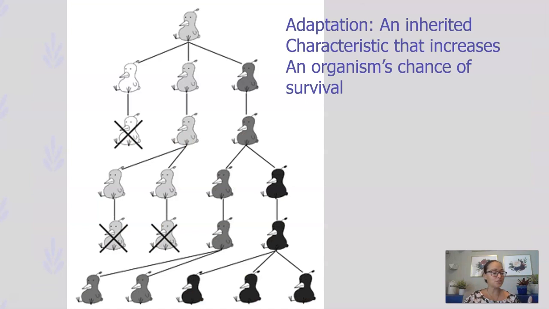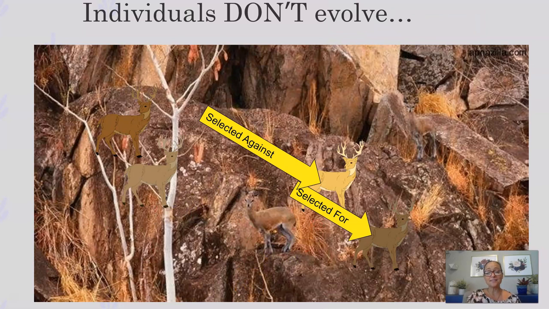Okay, so also to review, an adaptation is an inherited characteristic that increases an organism's chance of survival. Again, it's inherited. You can't choose your phenotype. Like this deer that was selected against, that yellow deer, it was born with yellow fur and it wasn't well camouflaged. It can't wish and change its fur to be better camouflaged.